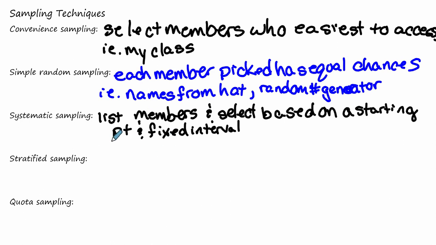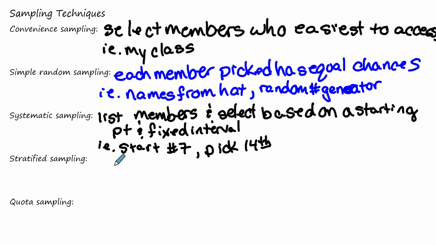And I'm going to start with whoever is number 7 on the list. And then I'm going to pick every 14th person. So again, it's ordering everybody, starting with a specific number, and then every 14th person, I'm pulling them to give them my survey.